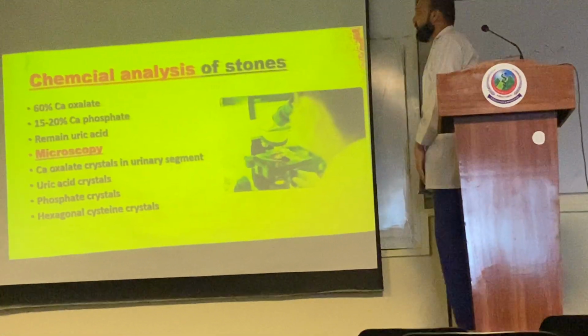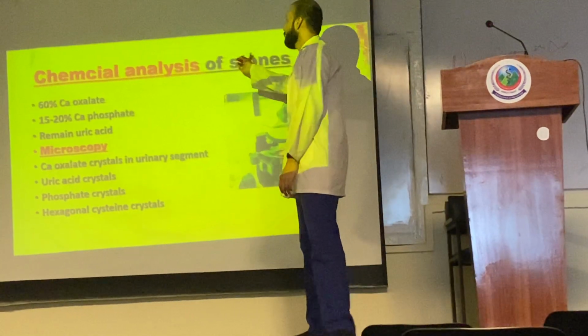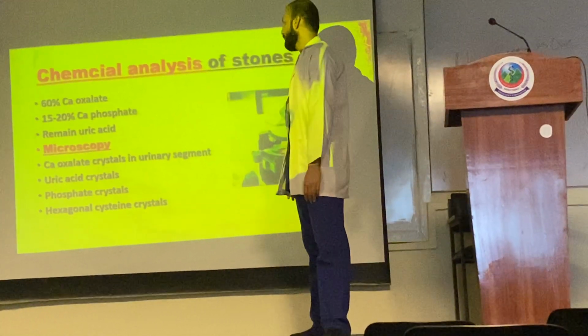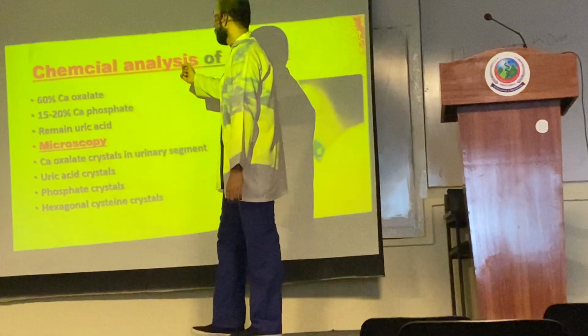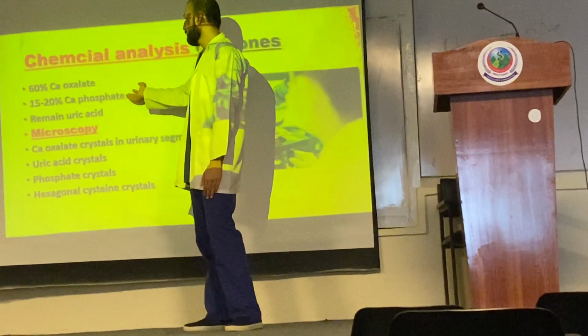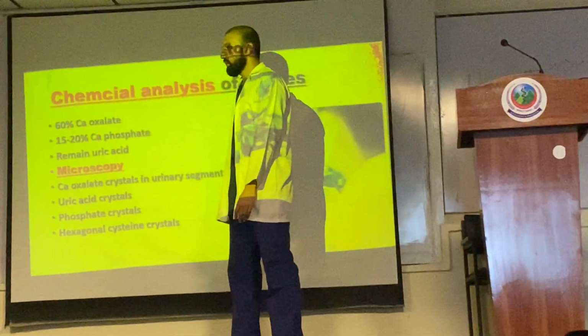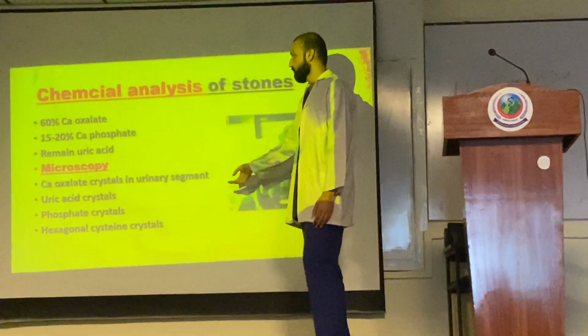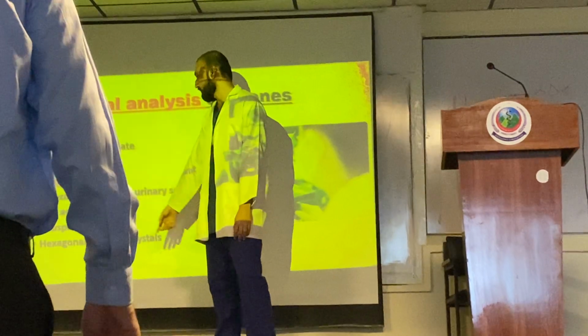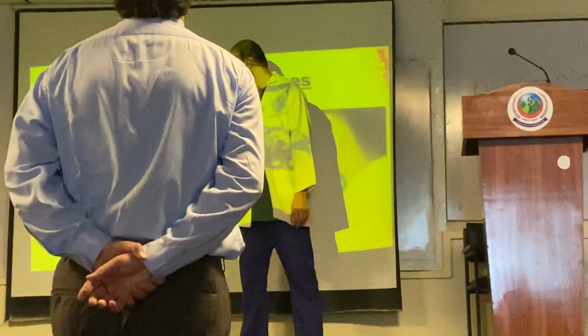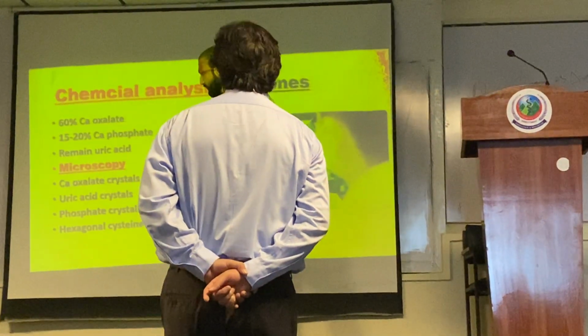So we can do the chemical analysis of the stones. We can do this investigation after the surgery when we remove the stones. We can check all these stones like calcium oxalate, phosphate stones, and we can do the microscopy of these stones. Like we have discussed previously, there are specific shapes of these stones, like hexagonal cysteine stones, phosphate stones, uric acid stones.